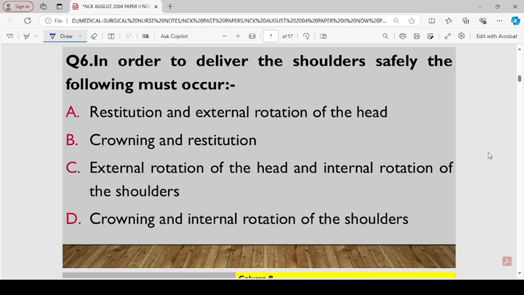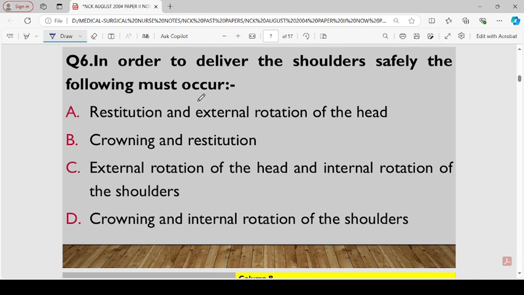Number 6, in order to deliver the shoulder safely, the following must occur. The shoulders will be delivered once the presenting part, in most cases the head, has been delivered, right?